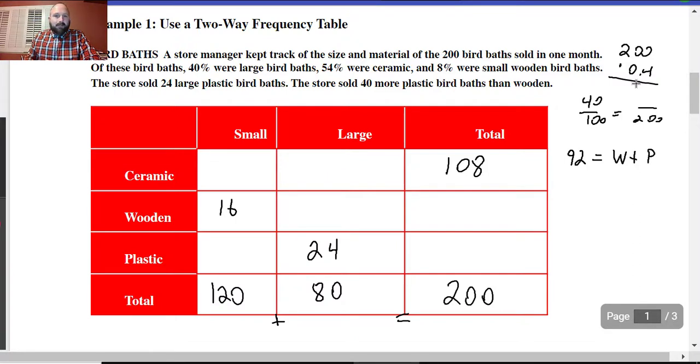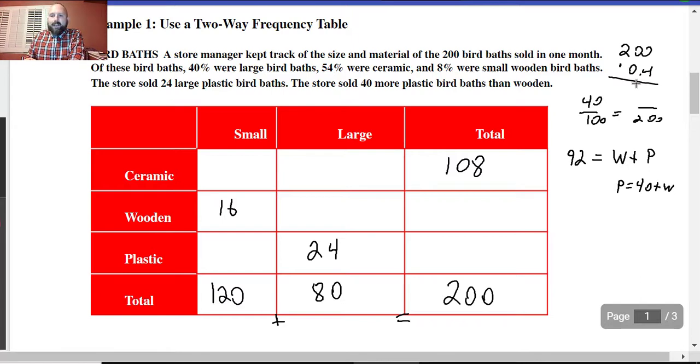All right, what's up next? I know that 40 plus W is equal to P. So now I can just switch it out.